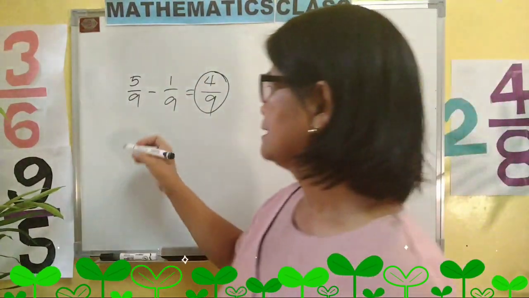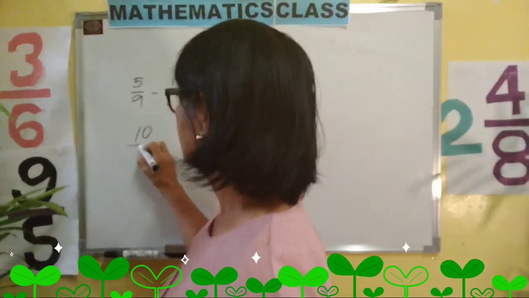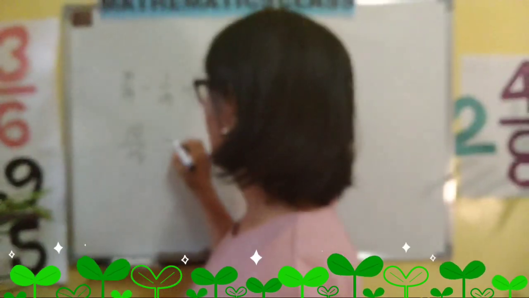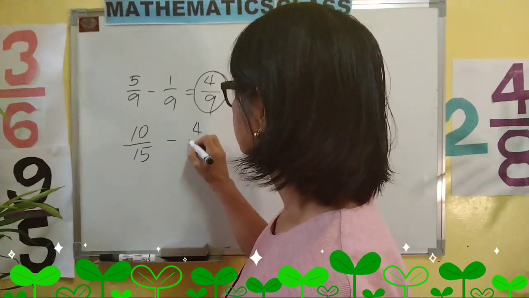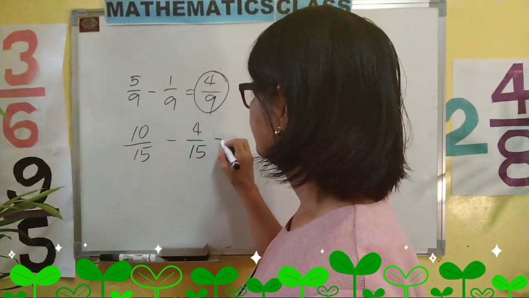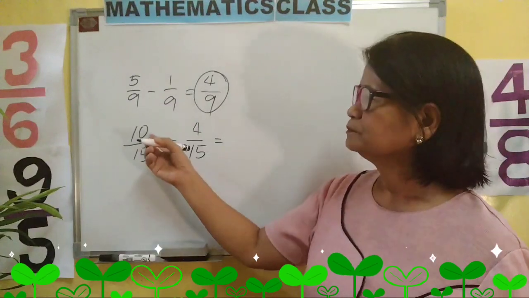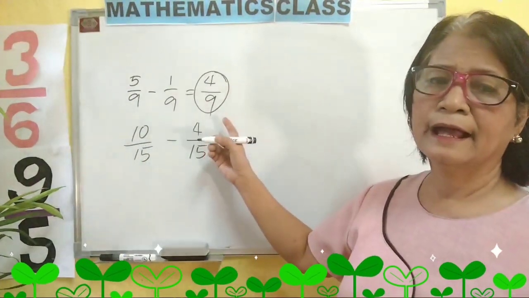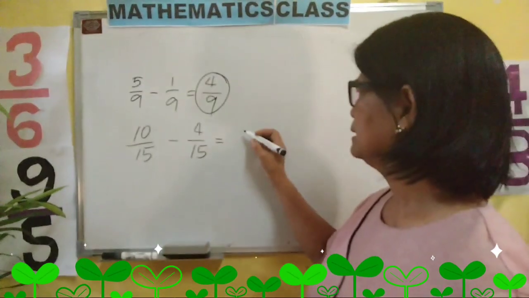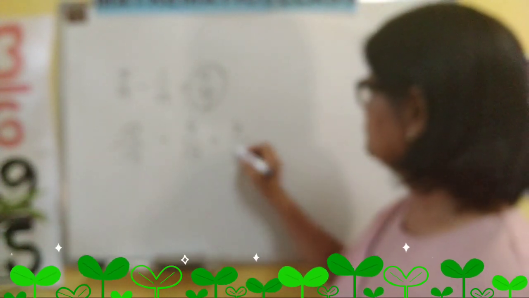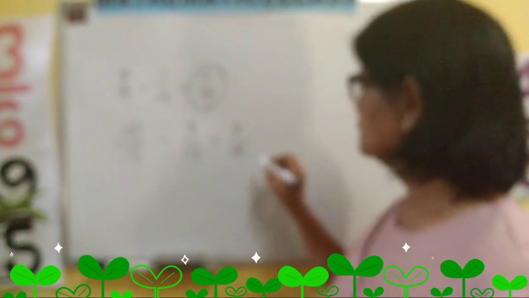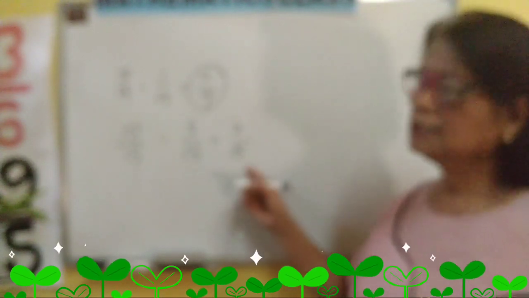Another example is 10/15 minus 4/15. So, subtracting the numerator by the numerator will give the difference of 6 over the common denominator of 15. So, 6/15 is your answer.